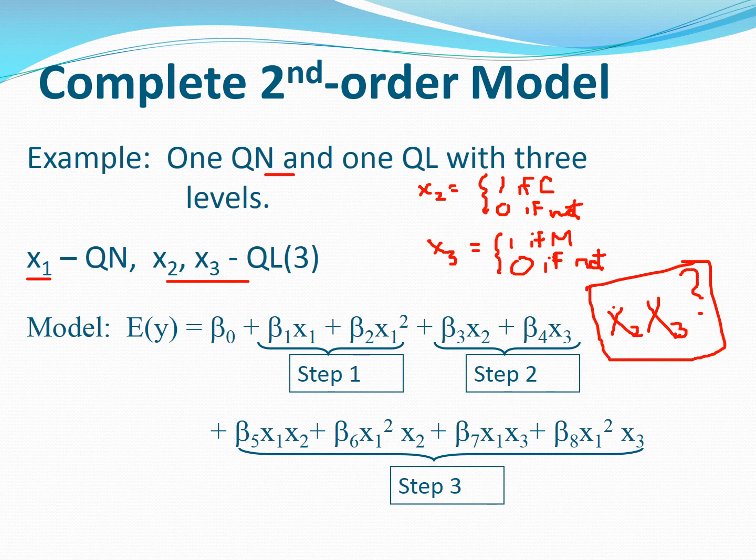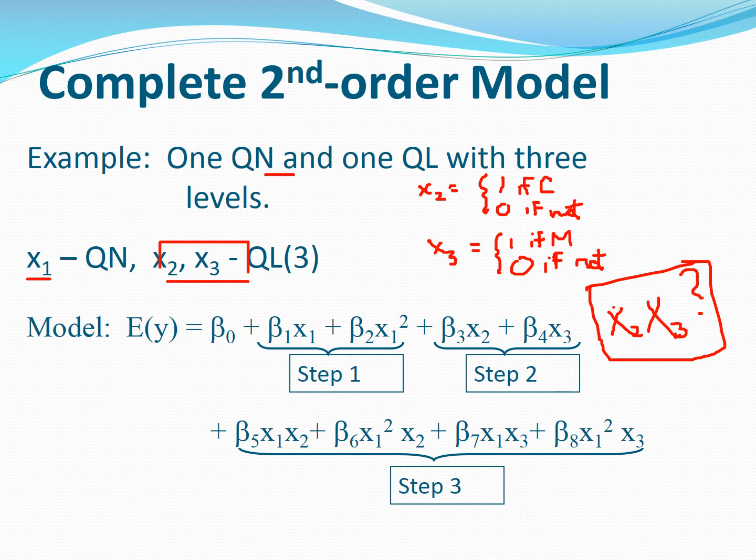So if you think about the values of x2 and x3, can they ever be 1 at the same time? Can x2 be 1 and x3 be 1? No, they can't. And this will always be the case when you look at dummy variables that come from the same qualitative variable, because those dummies are defined to just represent the different levels.